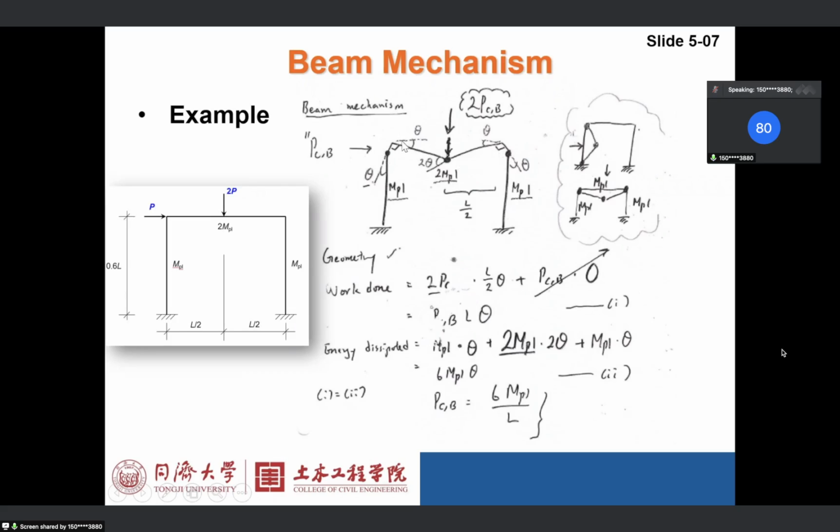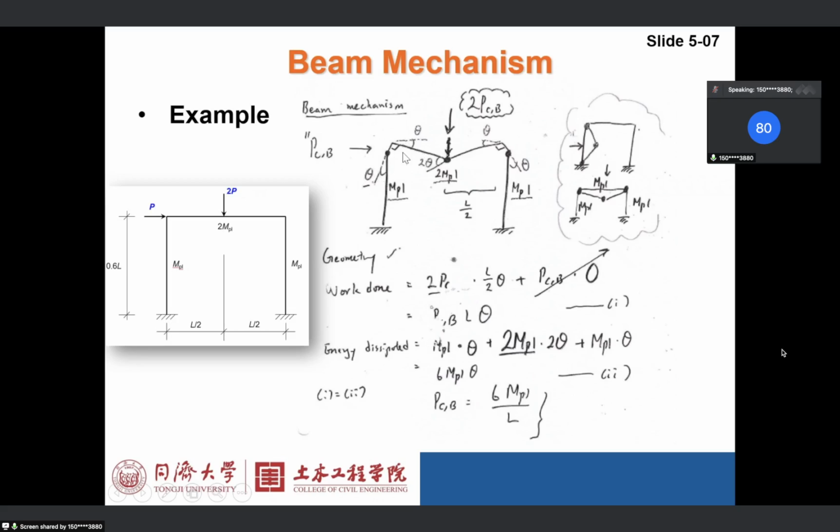One thing that you should keep in mind, maybe some of you have already noticed, this looks a little bit strange, right? Why does it look like this? Can somebody tell me why? It seems that the plastic hinge happens in the column, not in the beam.